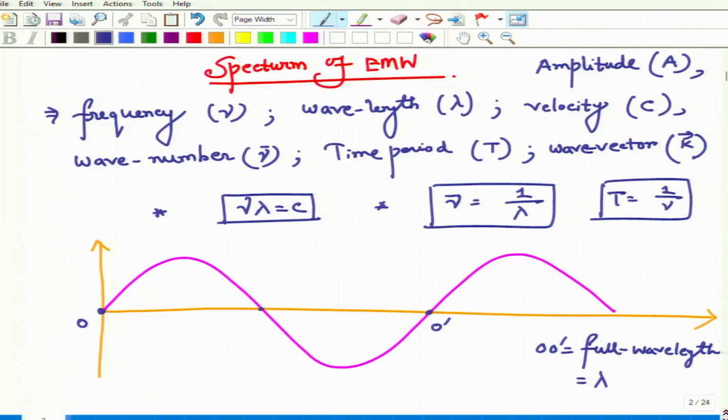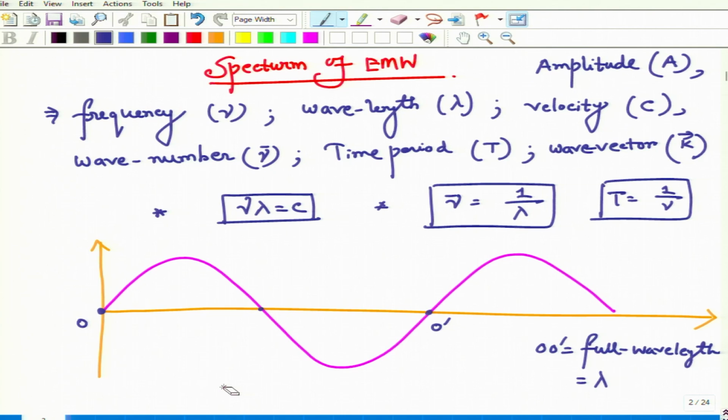But here for a wave, the frequency stands for the number of full waves in a unit second. So let us say in 1 second 10 full waves are generated, then nu will be 10. This is the frequency.